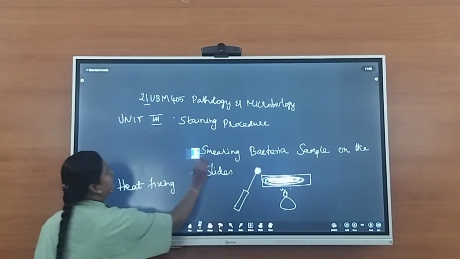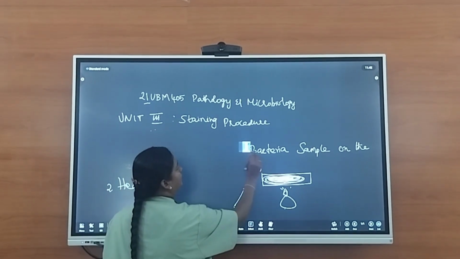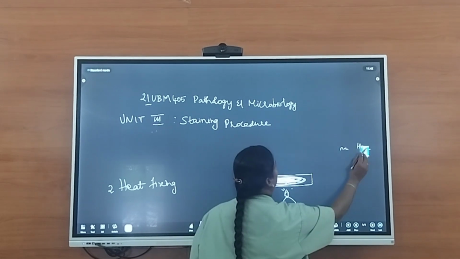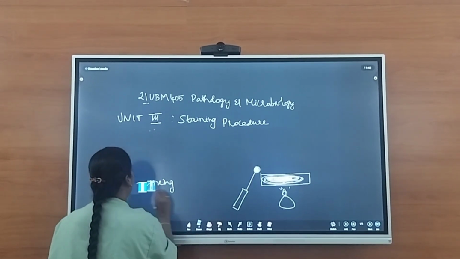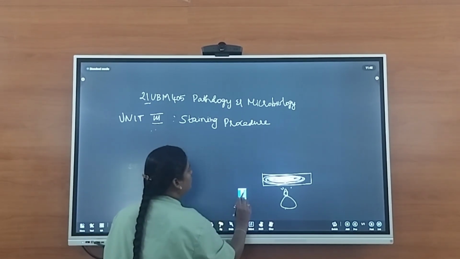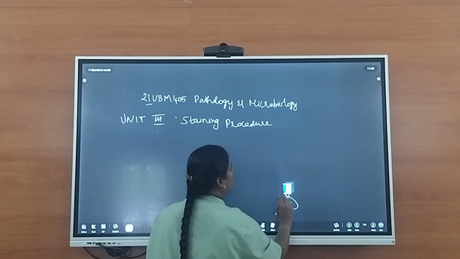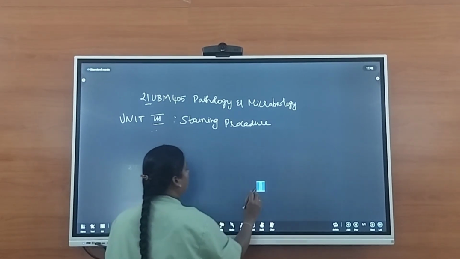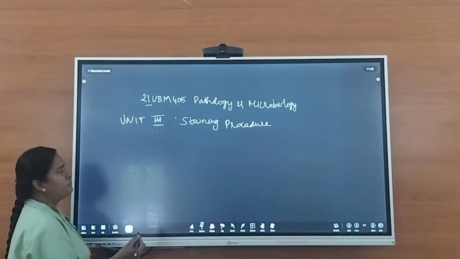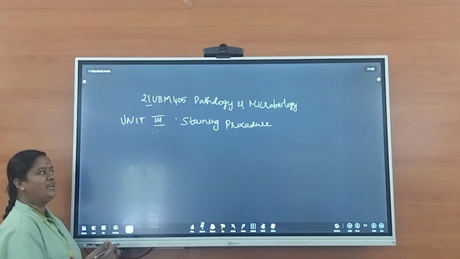The third step is adding a primary stain. For the Gram staining procedure, we are using crystal violet as the primary stain. Mostly two or more stains are used for differential staining procedures like Gram staining.